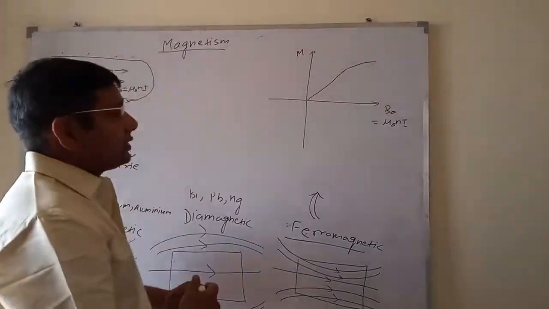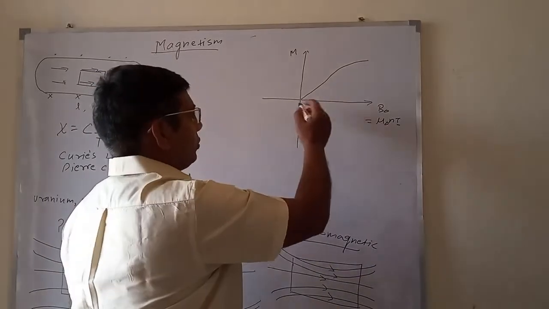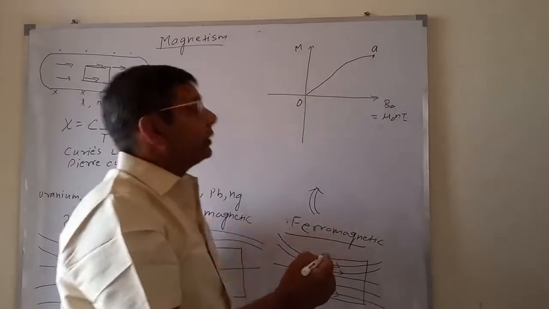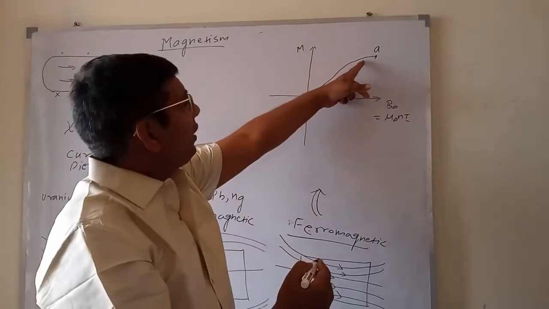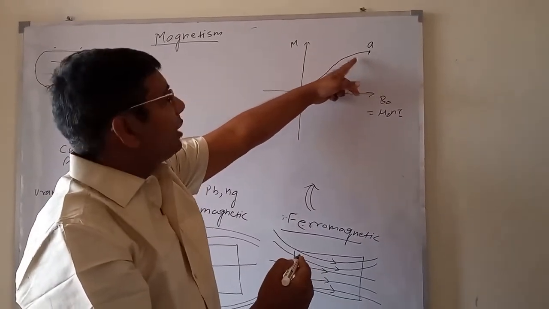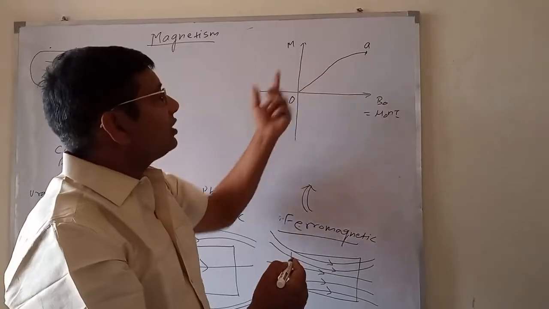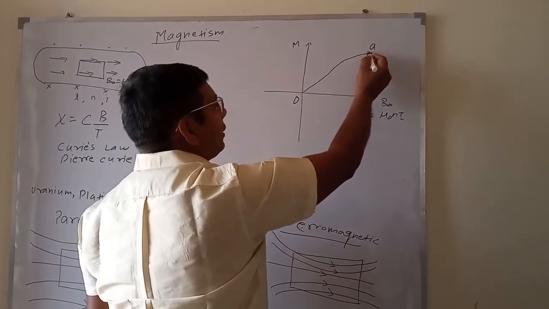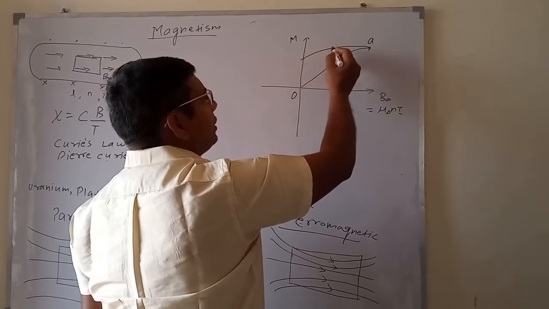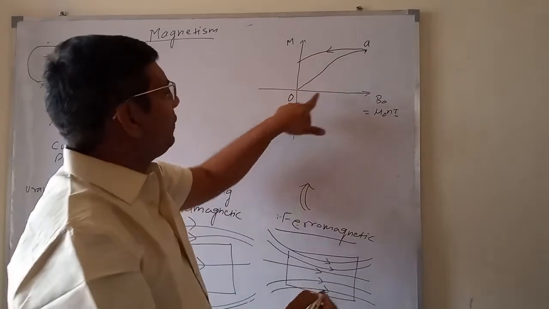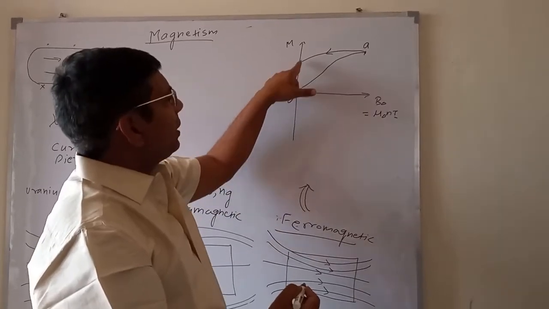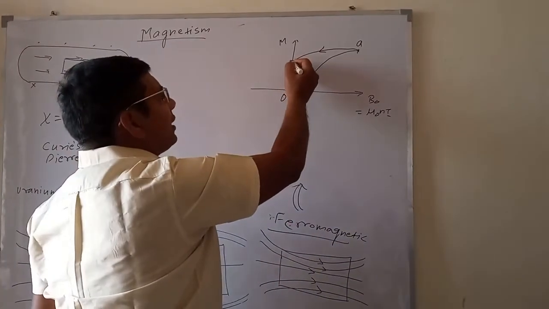Suppose we are here up to saturation point A, and after this, we try to demagnetize it, take it back to the original position, by reducing the current this way. We see that even when the current is 0 here, there is still magnetization.